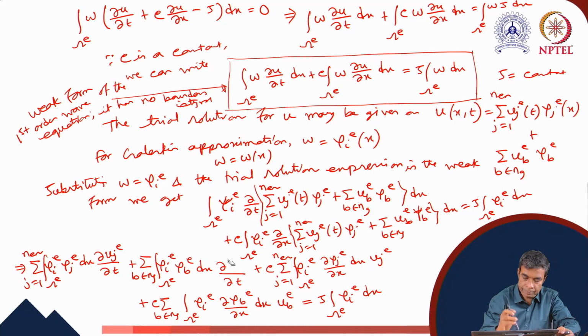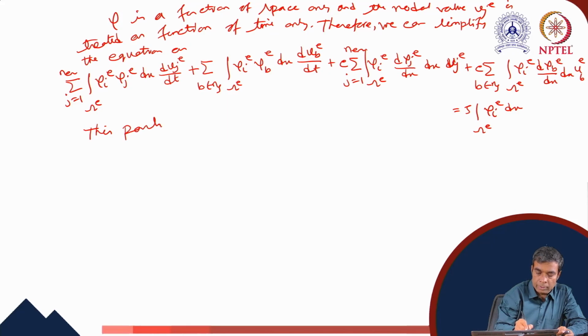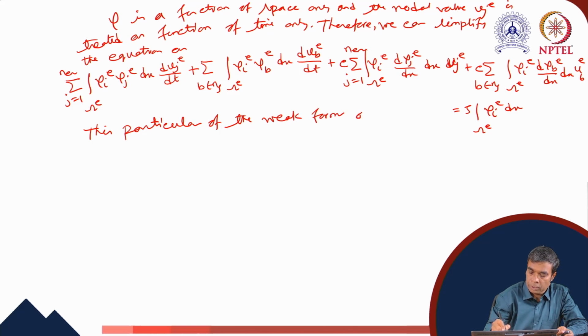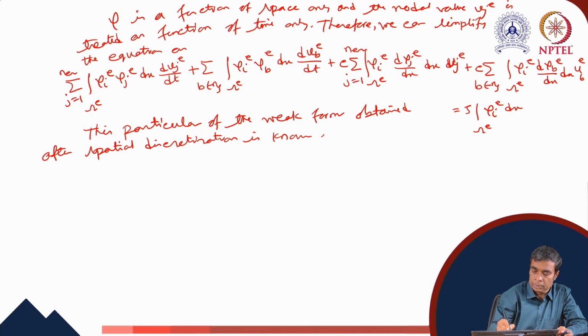So here now this particular form of the weak form obtained after spatial discretization is known as the semi-discrete form.